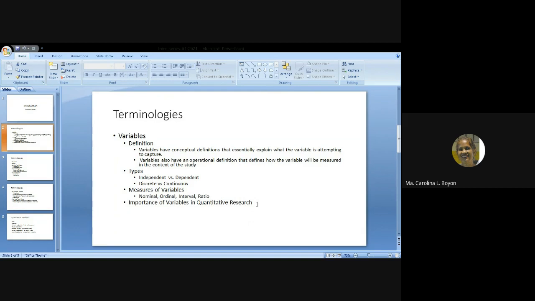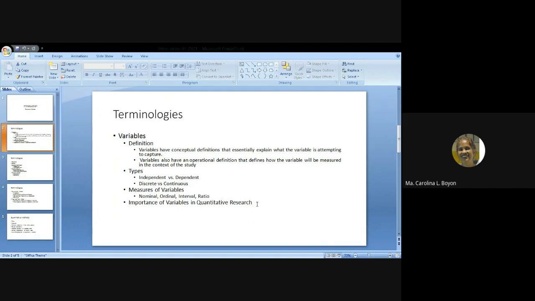So when we look at a dependent variable, it means that its measurement will be known only with the knowledge of the corresponding independent variable, while the independent variable will be known through the measurements that are made within the context of the study.